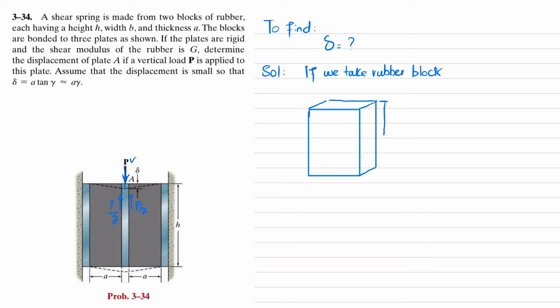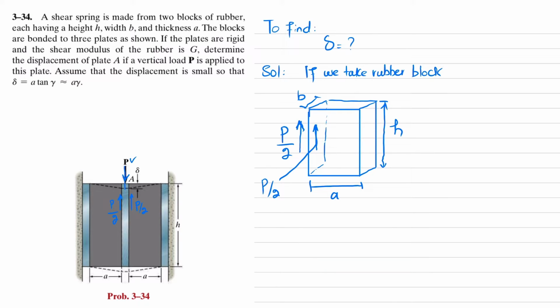This is the height of the rubber block. This is its thickness a, and this is its width b. Clear? The load that will act on this side, which I will draw as a dotted line, will be equal to P by 2. You can also represent it over here. This will be P by 2.